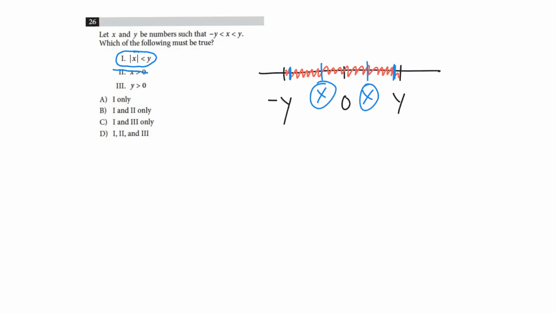Well, yeah, y does need to be greater than 0, as we can see from our graph here. So our solution for this would be 1 and 3 only. That's going to be C.